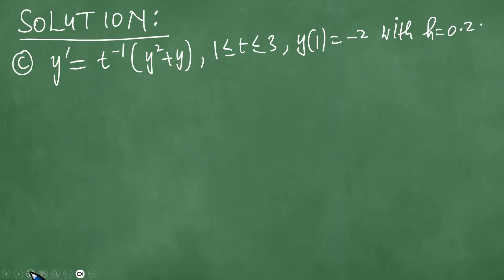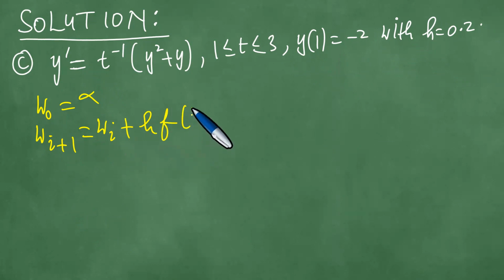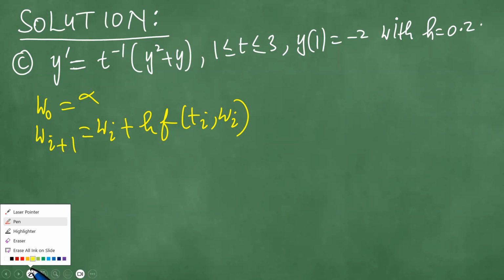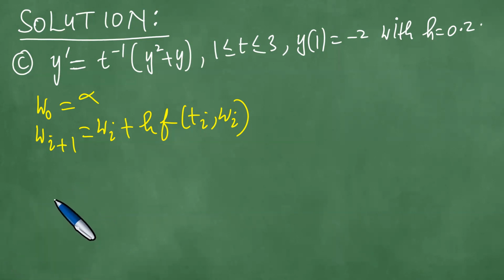Let's see what we can do. First things first, we're going to remember Euler. We know that w0 is alpha, and w_{i+1} is w_i plus h f(t_i, w_i). Now let's look at the original initial value: w0 is the initial value, which is y(1), and it's minus 2.